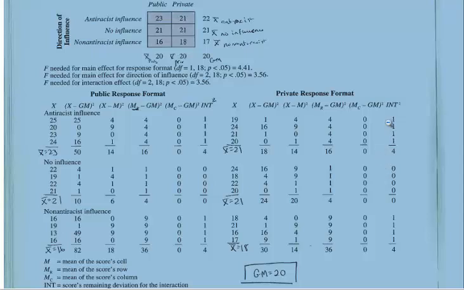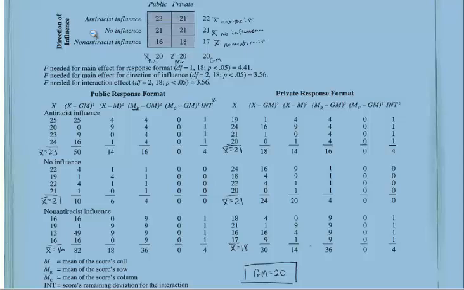That leaves the calculation of the interaction effect. The primary reason that we do a factorial analysis of variance is because we're interested in the interaction of our two factors. So in this case, whether it was public versus private and the direction of influence.